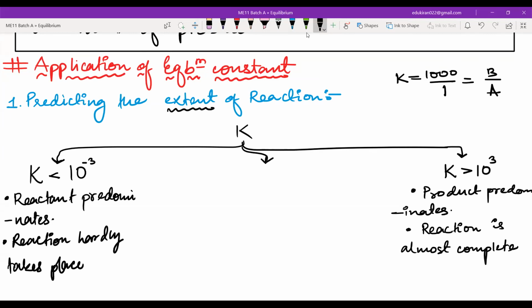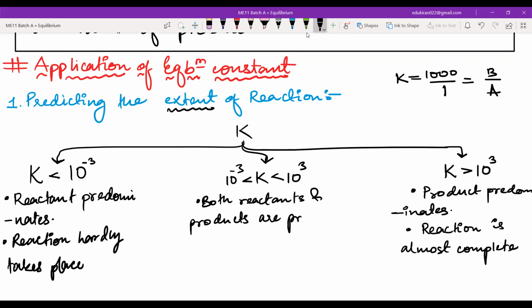Okay. So if I have K greater than 10 to the power minus 3, but smaller than 10 to the power plus 3, in this case, both reactants and products are present in appreciable amounts. That means measurable amounts, okay?